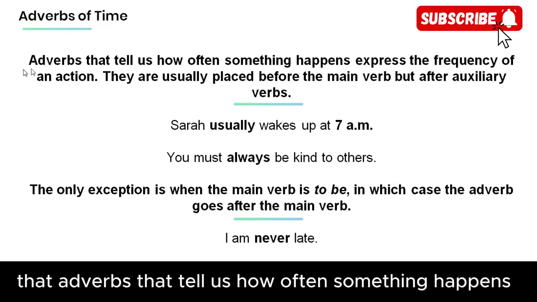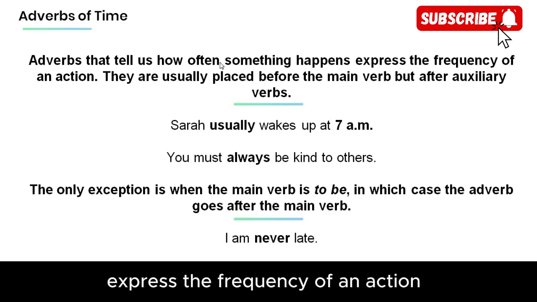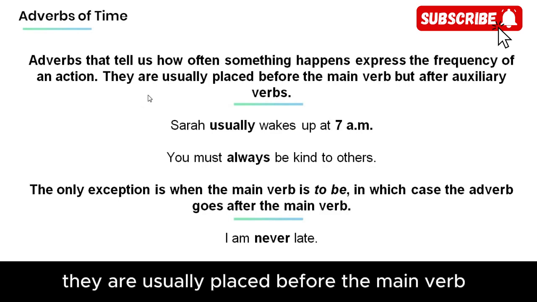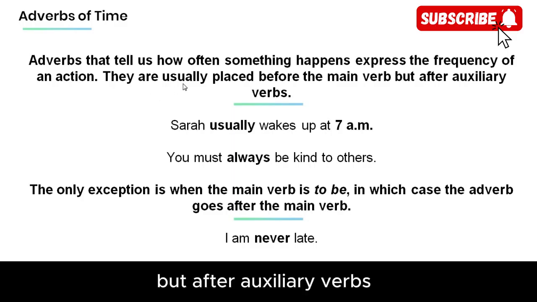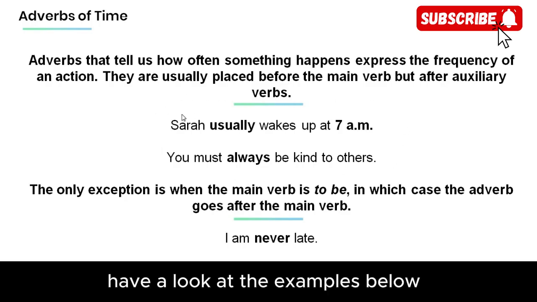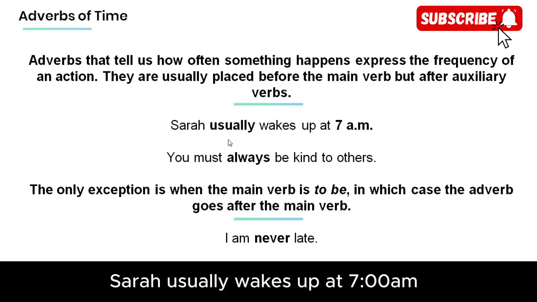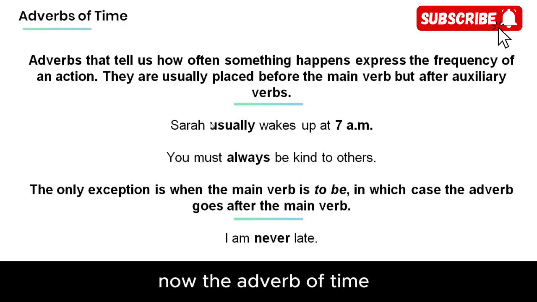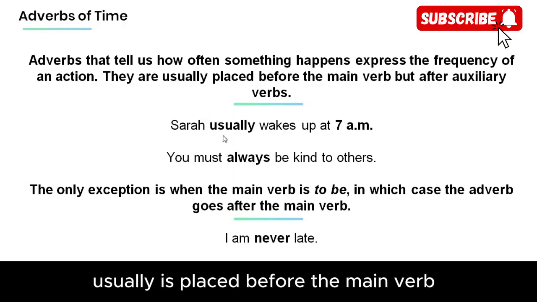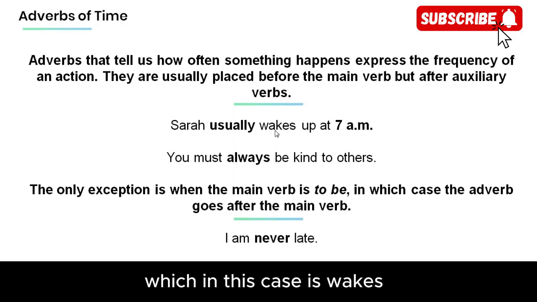Note that adverbs that tell us how often something happens express the frequency of an action. They are usually placed before the main verb, but after auxiliary verbs. Have a look at the examples below. Sarah usually wakes up at 7 a.m. Now the adverb of time usually is placed before the main verb, which in this case is wakes.